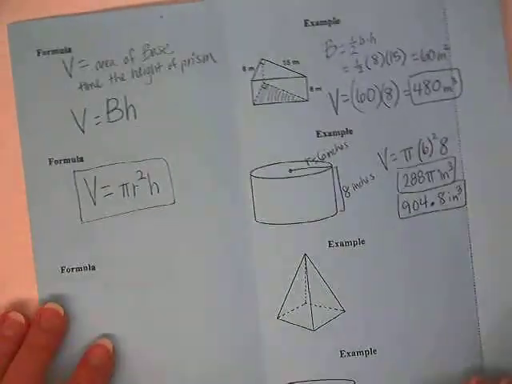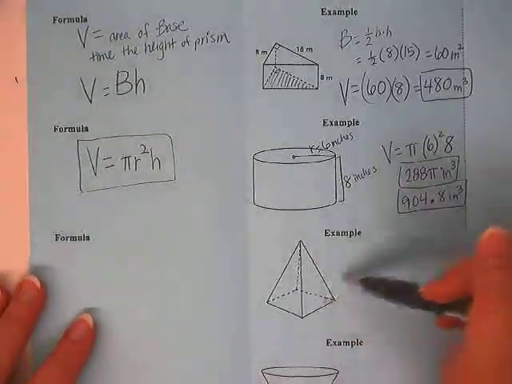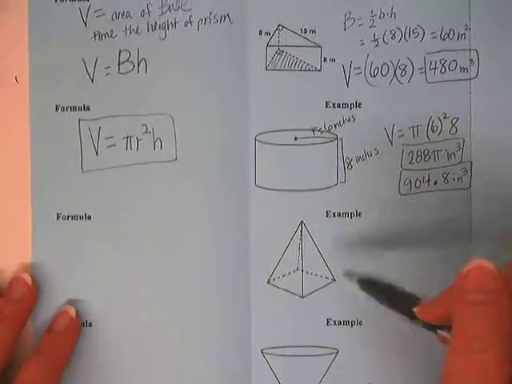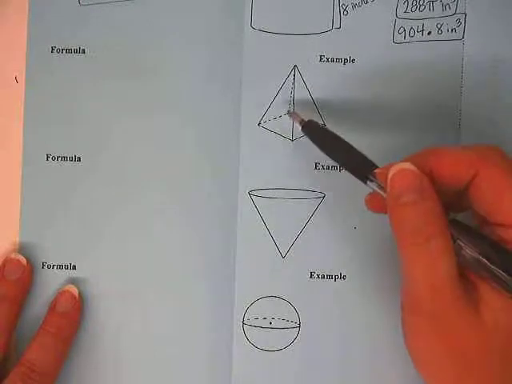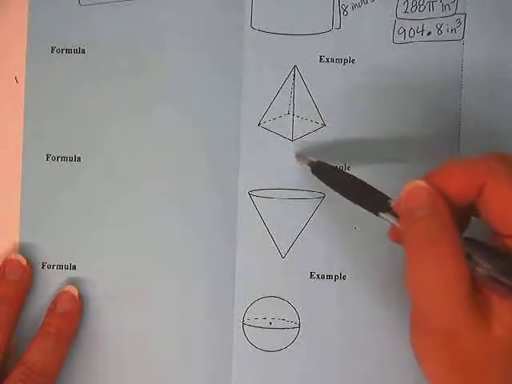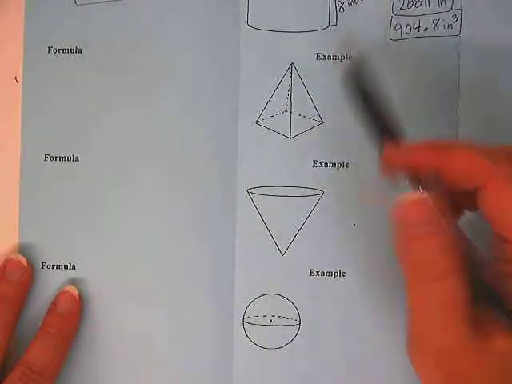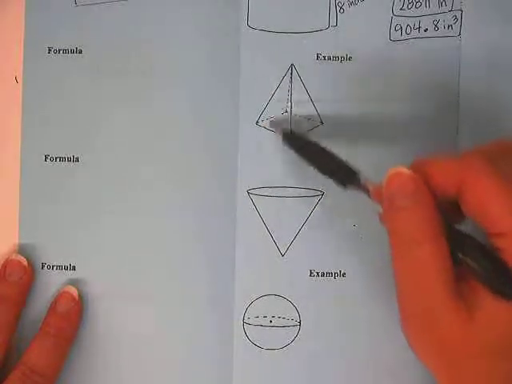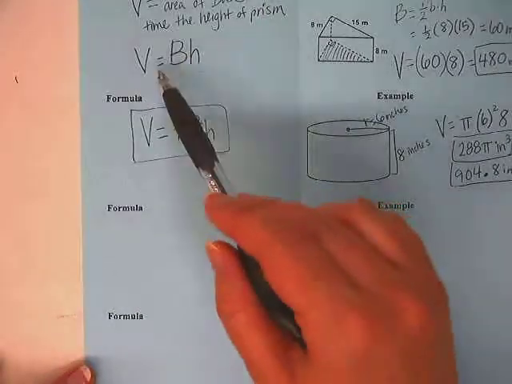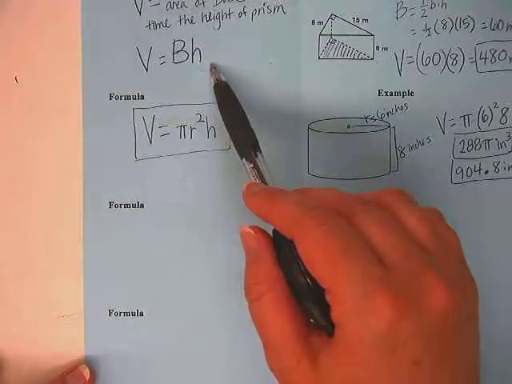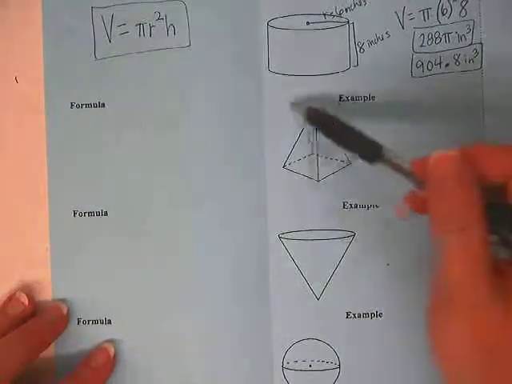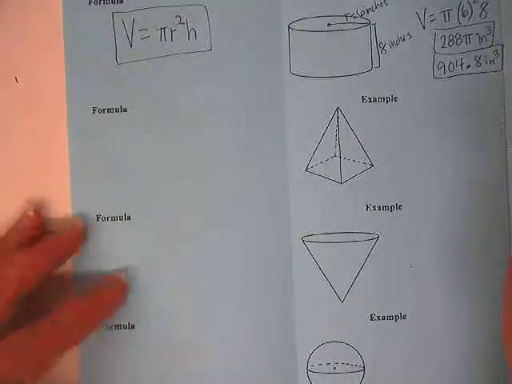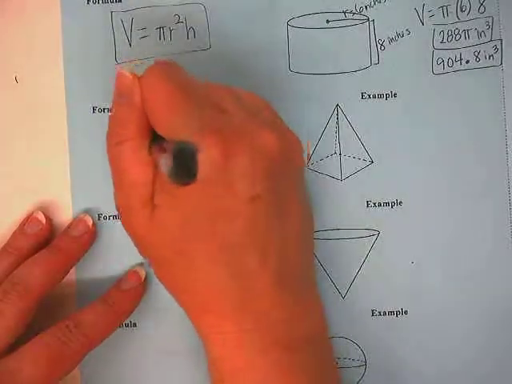Okay, back to our notes. So, this shape is exactly 1/3 of the volume of a shape that has the same exact base and the same exact height. So if we had a prism with a square base and the same exact height, we would be doing the formula volume equals the area of the base times the height, right? But because the volume of this one is 1/3 of this one, how do we have to change our formula slightly?